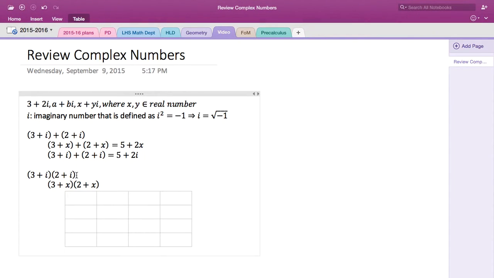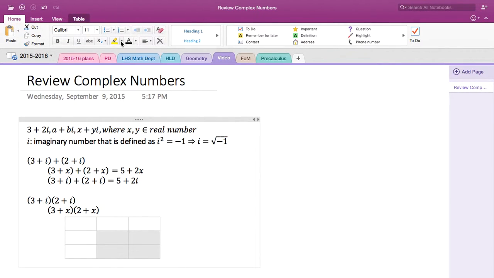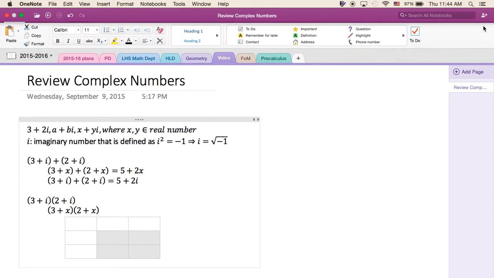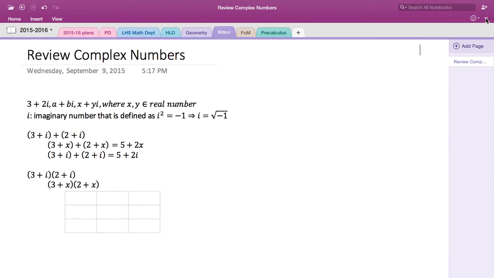This is kind of like finding the area of a rectangle, where the height is 3 plus x and the width is 2 plus x.